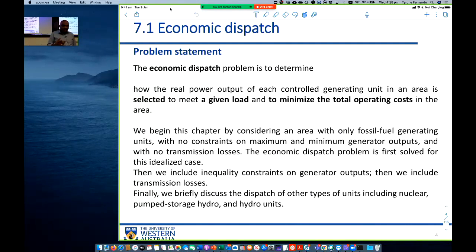the generators to meet the demand, and not all generating units will have the same cost of producing electricity. Some will cost less, some will cost more, right? For instance, the generators that cost the cheapest can be used as our base load.